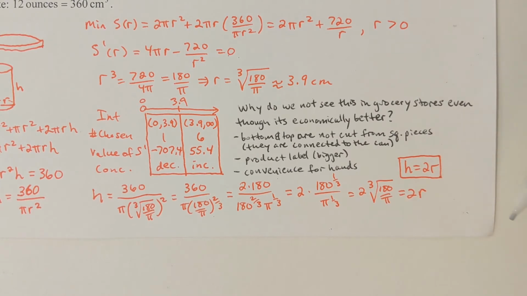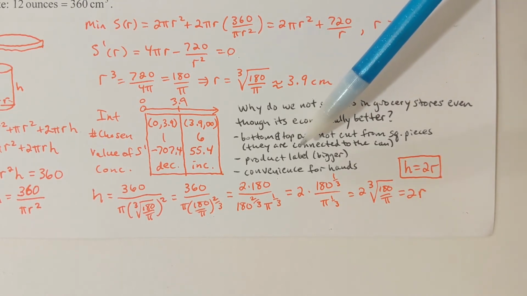Why do we never see that? Well, there's several reasons, okay? Here's a couple that I've listed. The bottom and the top are not cut from square pieces. They're connected to the can, right? If you look at least the bottom of the can is connected, and it's curved, right? You got like an indented part at the bottom of the can.